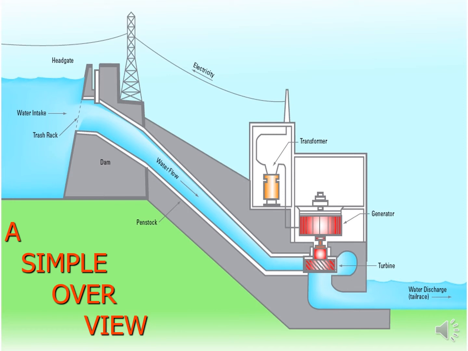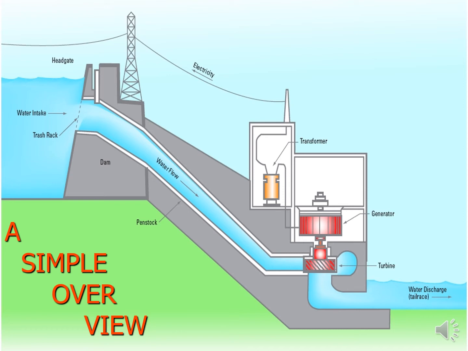At the turbine a vertical shaft is attached. When the turbine rotates, the shaft also rotates, then the generator starts generating the energy, and the generated energy goes to the transformer.